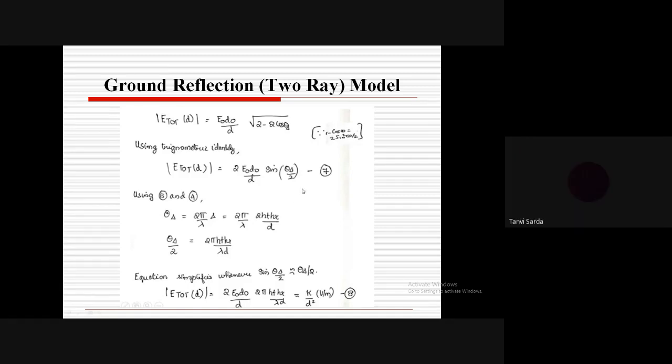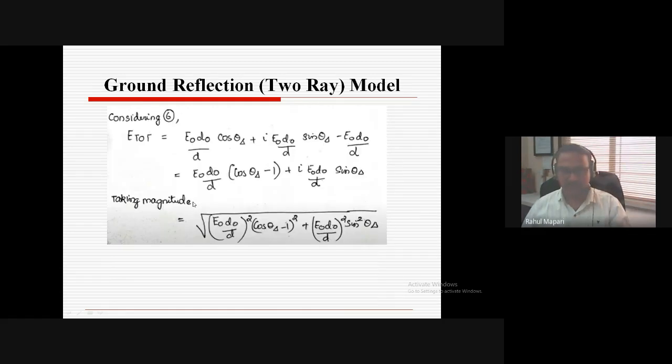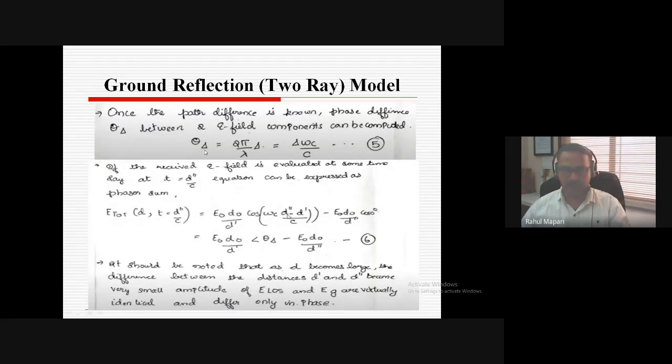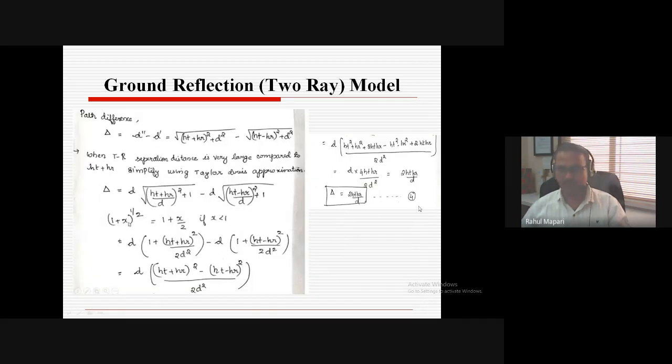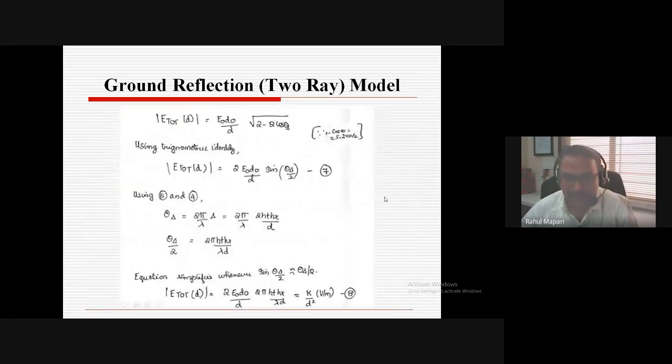Yes, sir. Okay. Now using equation number 4 and 5. What are equation number 4 and 5? Equation number 5 is the phase difference and equation number 4 is the path difference. Here we replace the values only. So here we will replace this theta delta by 2.